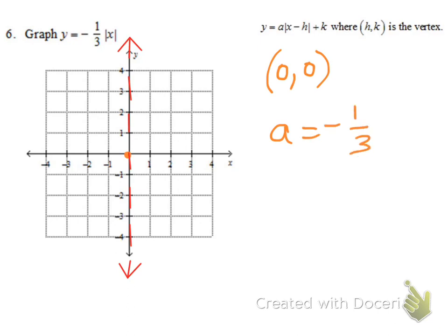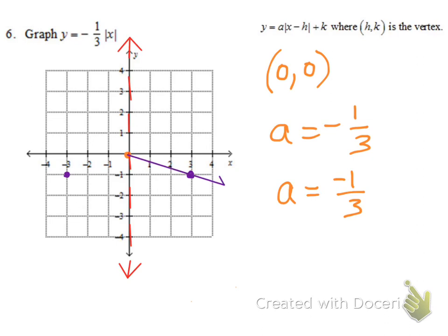Now we need to go right, so the negative needs to go with the 1, not the 3, since we're using this as the slope of the right side. So we're going to go down 1, to the right 3. Now on this particular graph, there's not enough room for any more integer points on the right side, but if we reflect that, we see the point -3, -1. Connect those and we'll have our V shape.